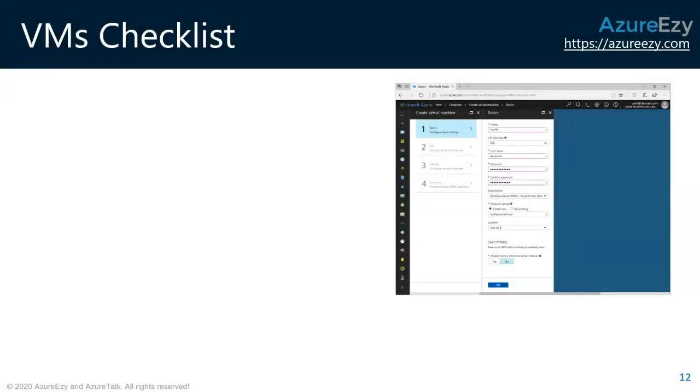Now, when you deploy your virtual machine in Azure, you will see an interface like that. When you are going into this particular interface, there are certain main things or a checklist you have to keep in mind before you deploy your virtual machine, most probably during the deployment of a production workload.